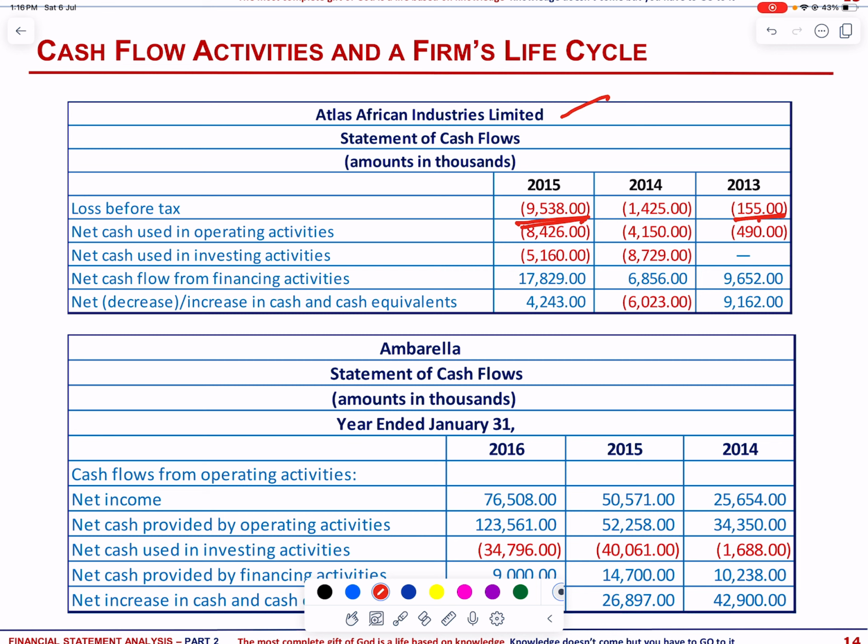Operating cash flows has consistently been negative, amounting to 0.84 million in the year 2015. The company has shown negative cash flows from investments totaling 8.7 million in the year 2014 to 5.2 million in the year 2015.